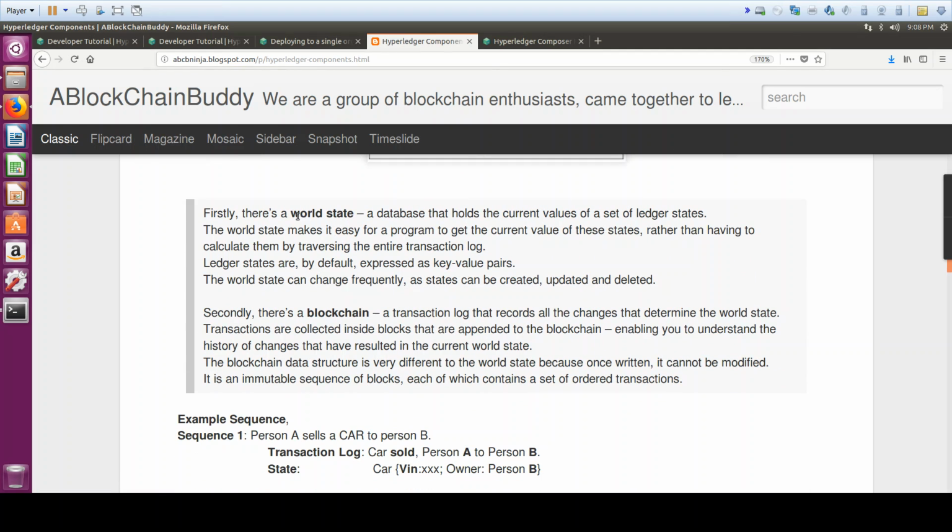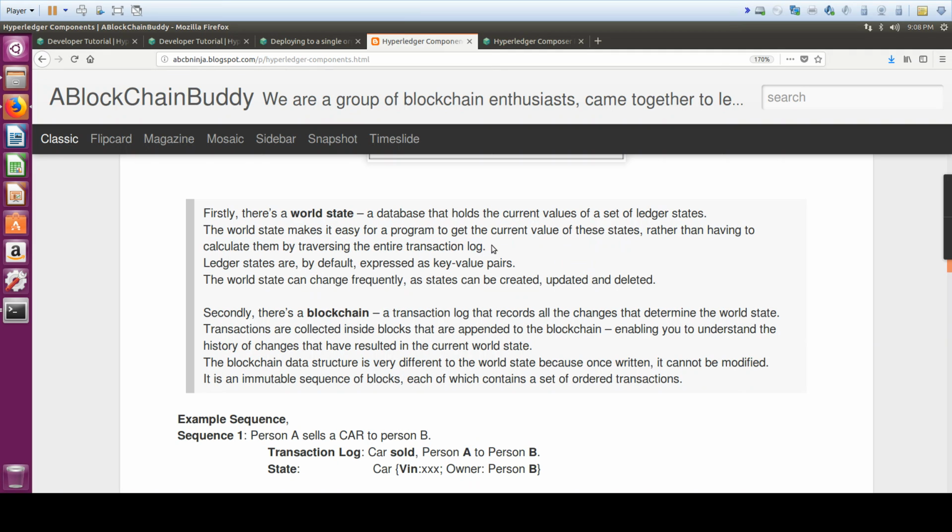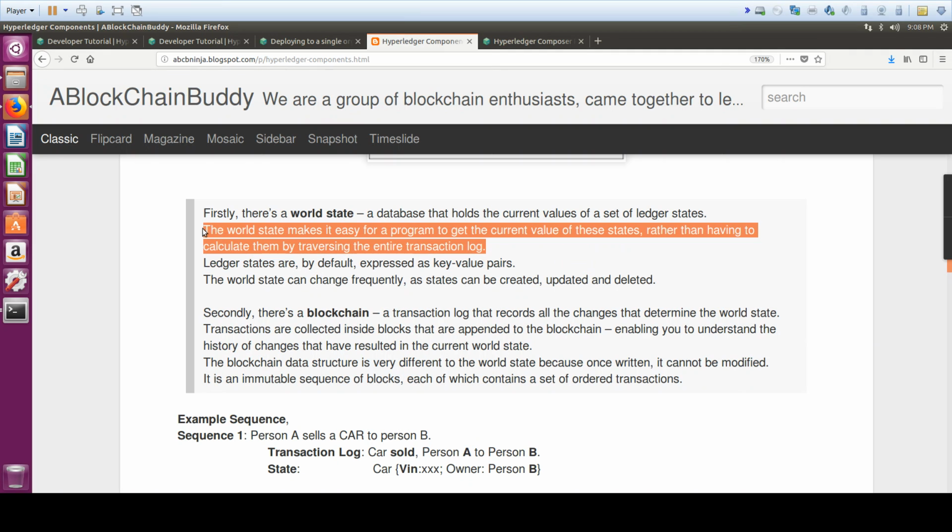So let's consider the world state. It is a database that holds the current values of a set of ledger states. The world state makes it easy for a program to get the current value of these states rather than having to calculate them by traversing the entire transaction log. So it makes it easy to just get the current state. That's the purpose of the world state.